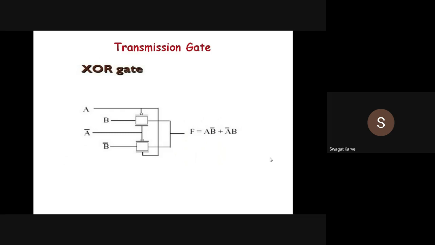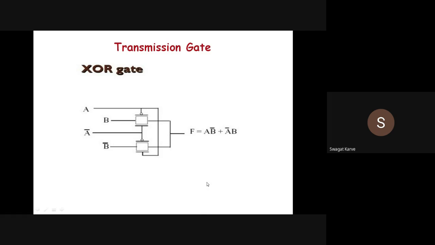Now the same thing you can apply in the case of the XOR gate. So you have B, then A bar B. The final output equation you will get is A B bar plus A bar B. This is the output equation for the XOR gate. Depending upon A, B and B bar, either the PMOS or NMOS in that pass gate will be in conduction mode, and it will reproduce the required output.